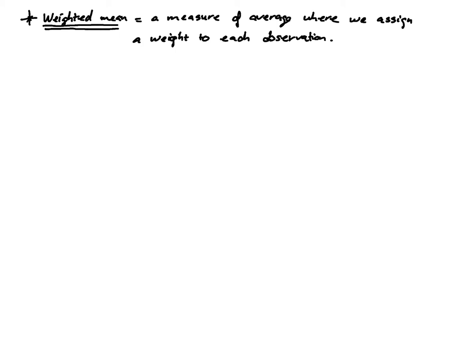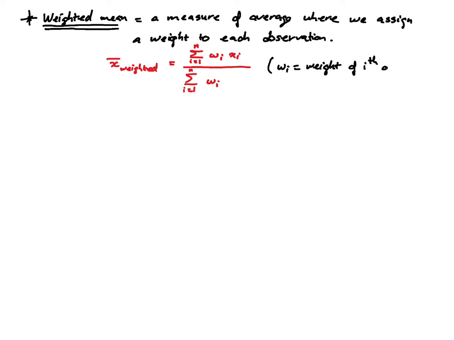Suppose we have sample data, right? Then the sample weighted mean, which is denoted by x bar sub weighted, is the summation for i going from 1 to small n of omega i times xi divided by the summation of i going from 1 to n of omega i, where omega i is the weight of the ith observation. Okay.